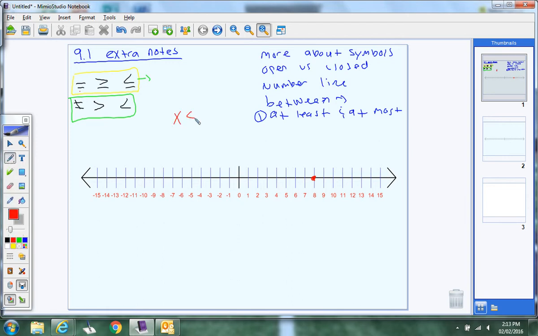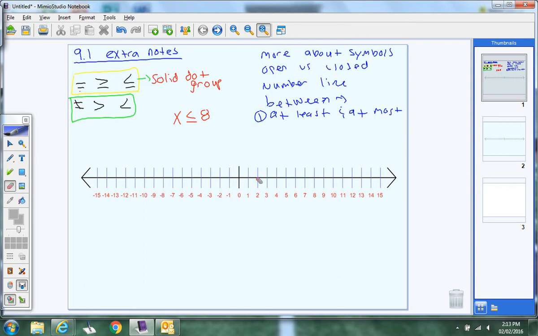We're going to go x less than or equal to 8. And so then this would be less than, we would go this direction. Again, since it's got the equal to, we're solid dot. So this is your solid dot group. Okay? So that would be the case.